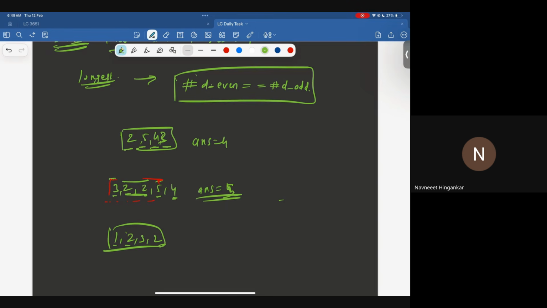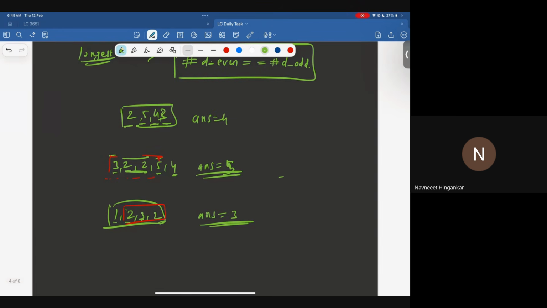So in this case the answer is 2 3 2, so the answer is 3. Distinct elements are only 2 and 3. Cool. And the constraint is obviously lesser, not 10 to the 5 but around 10 to the 3, so n is less than or equal to 1500.